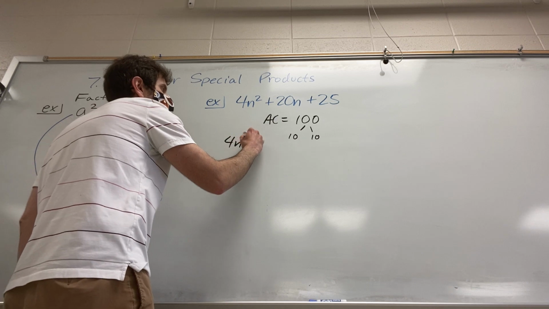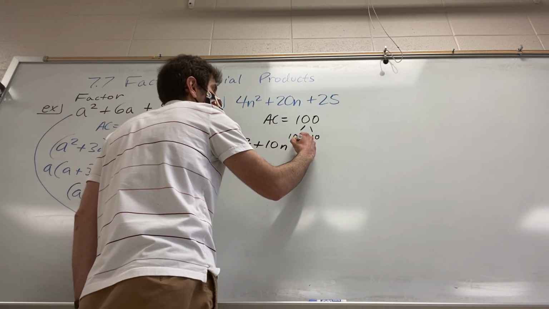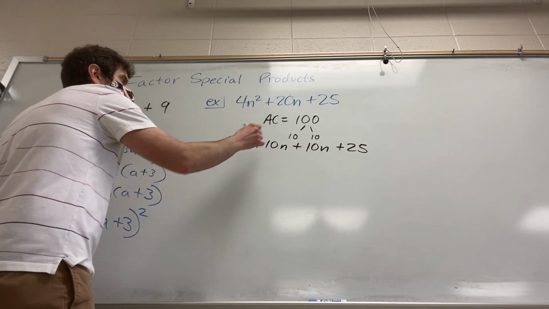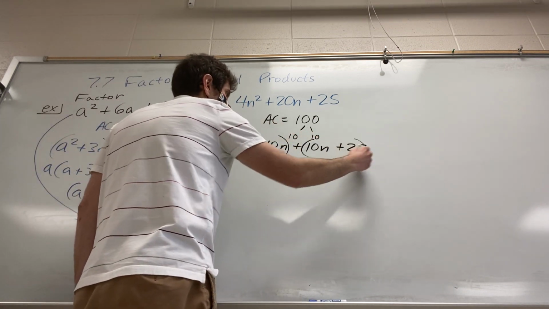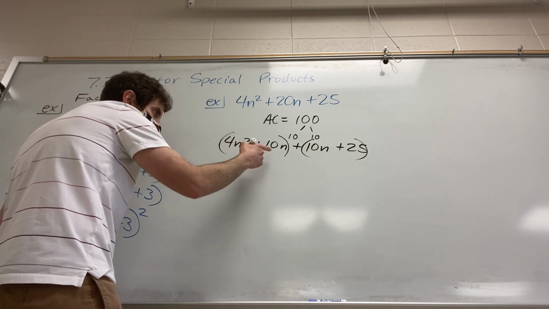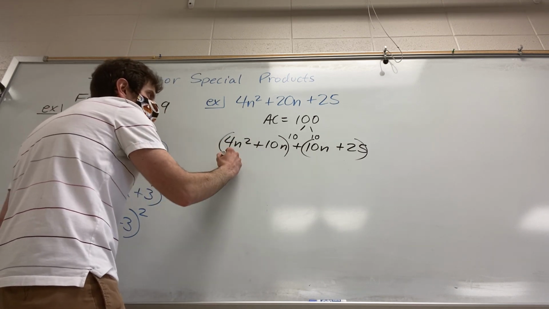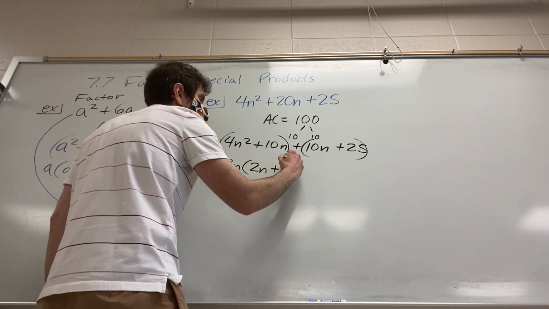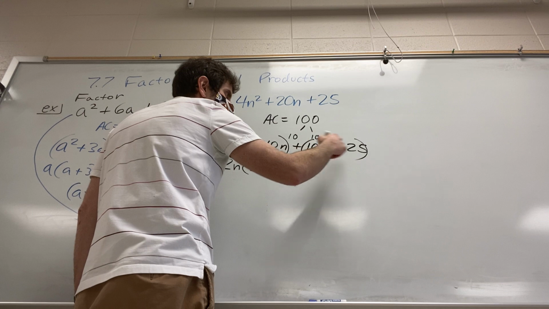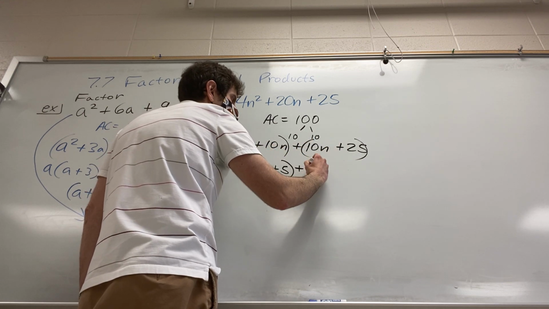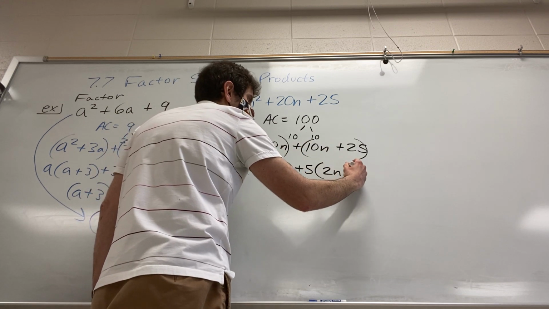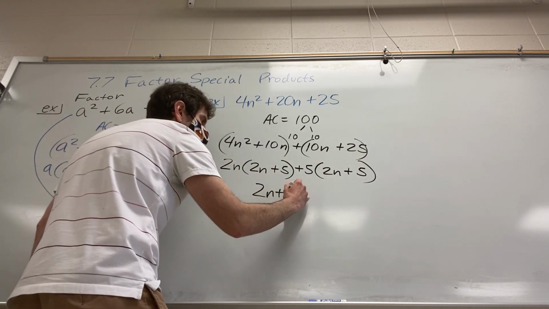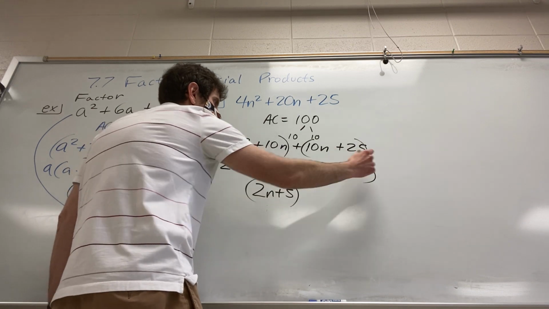So we get 4n squared plus 10n plus 10n plus 25. Factor by grouping. What can we take out of both of these? 2n. What can we take out of both of these? 5. Factor out the common binomial. What's left behind?